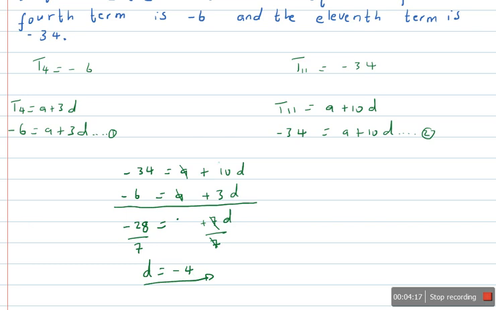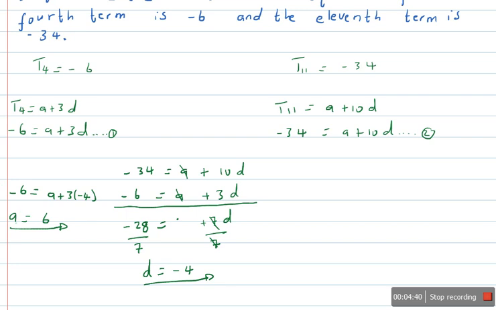So I substitute it into equation 1. It's minus 6 equal to A plus 3 into negative 4. So my A will be 6, positive. I transpose and put it on the other side, then I get positive 6.